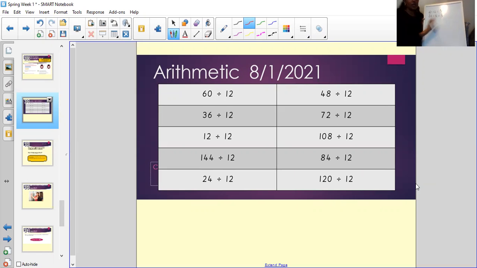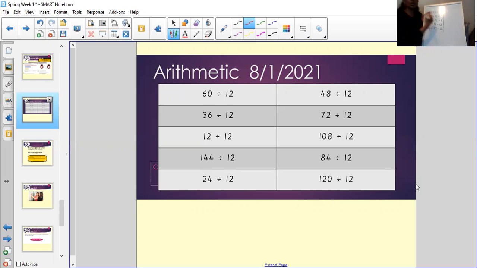The answer is 3. 12 divided by 12 equals 1. 144 divided by 12 equals 12. 24 divided by 12 equals 2.